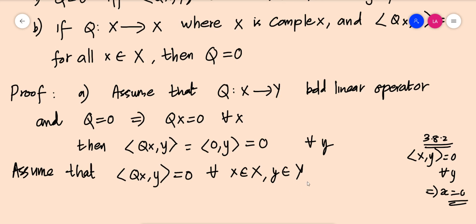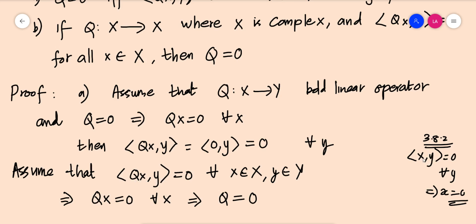Please quote that lemma. So here <Qx, y> is equal to 0 for all y element of Y, which trivially implies that Qx is equal to 0. This is true for all x. When Qx is equal to 0 for all x, then we can say that Q is essentially a zero operator.